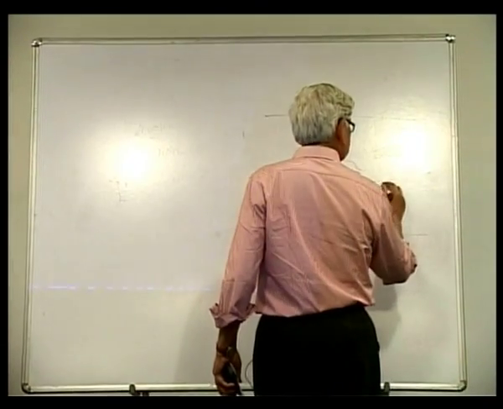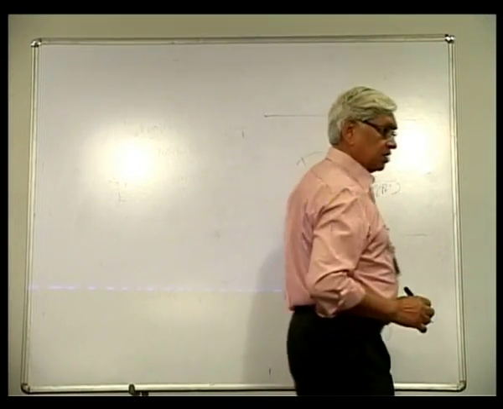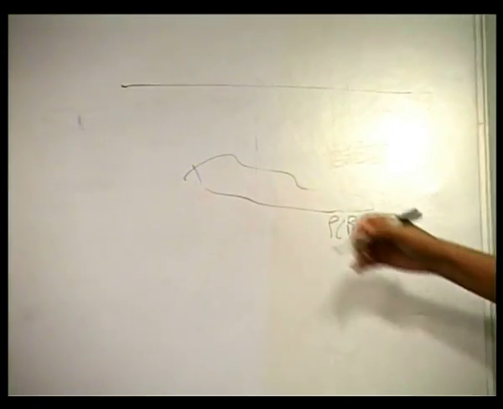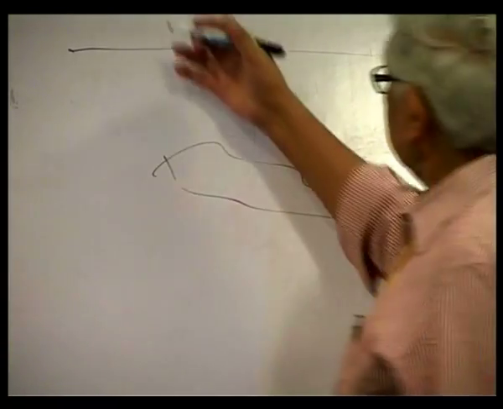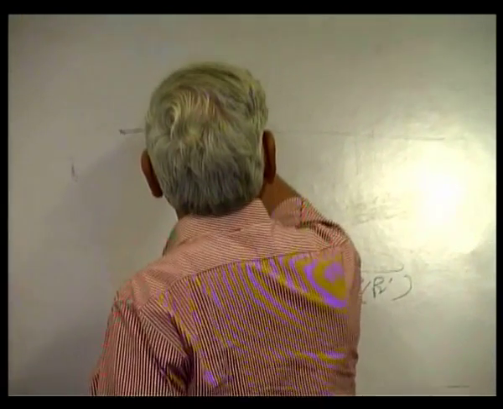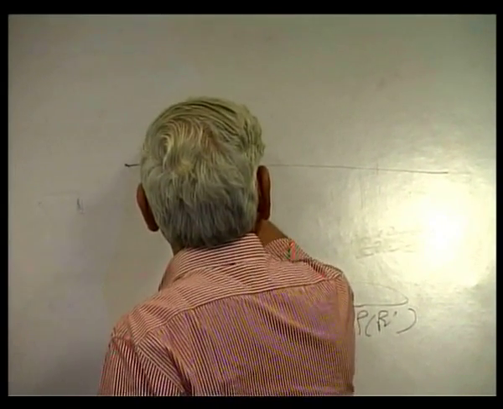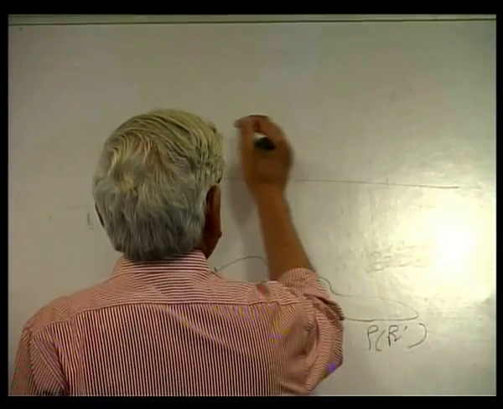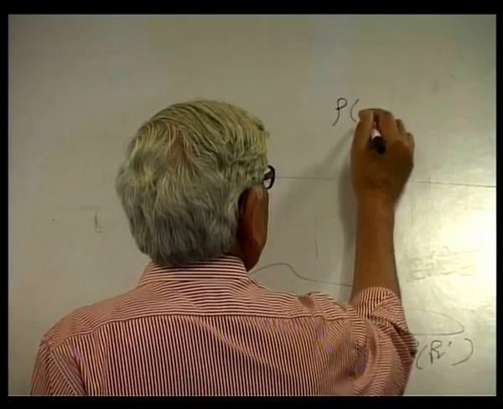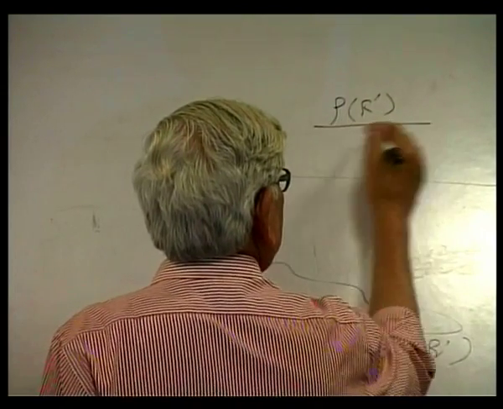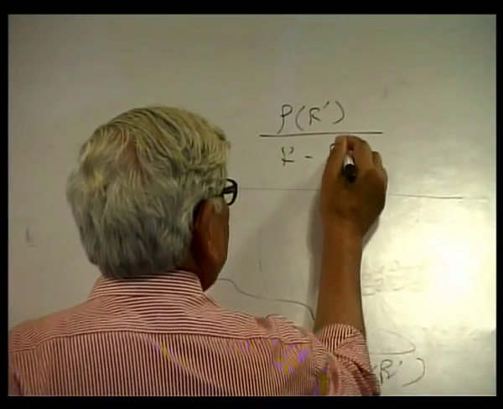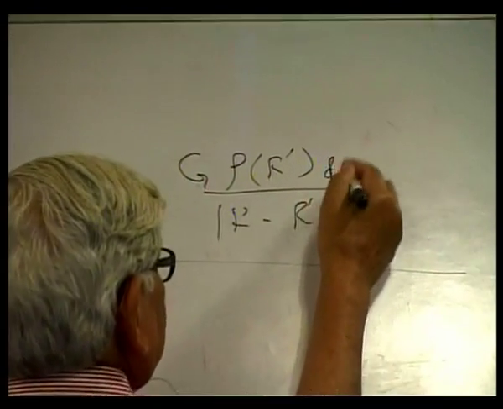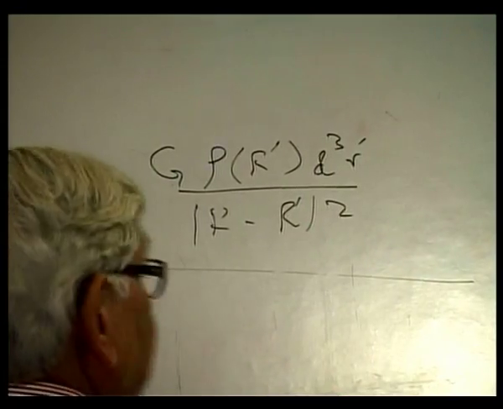So you could represent it by rho of r dash, where r dash is the variable point. And because it's a high density material, you will make a gravity survey and measure the gravitational field at any point. Due to any particular concentration over here, the gravitational field is a simple example of Newton's law, with 1 over (r minus r dash) squared multiplied by G, and this is the volume.